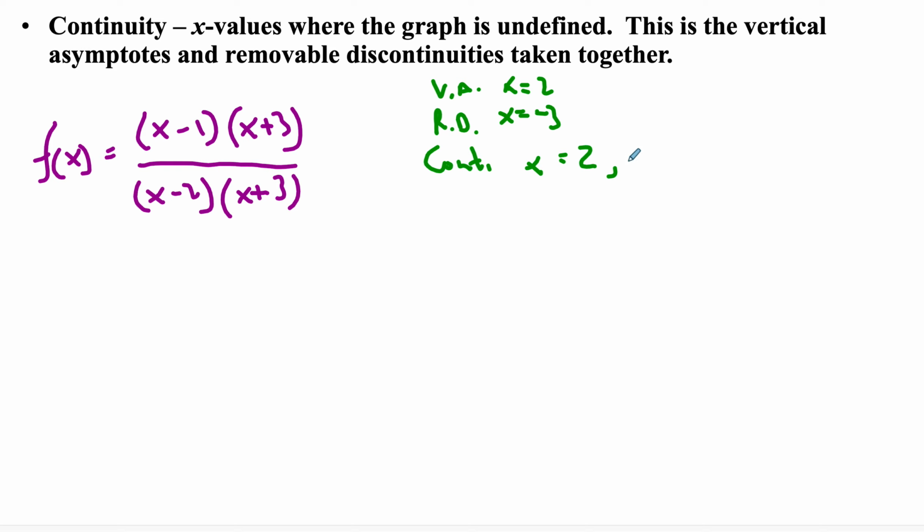So we'd say it's discontinuous at these 2 x values. That's it. You take the vertical asymptotes and the removable discontinuities, and altogether they make up the points of discontinuity of the graph. And that's actually it for our whirlwind tour of rational functions and their characteristics.